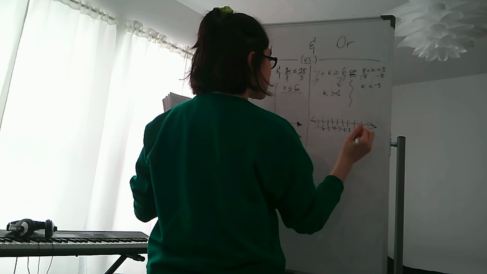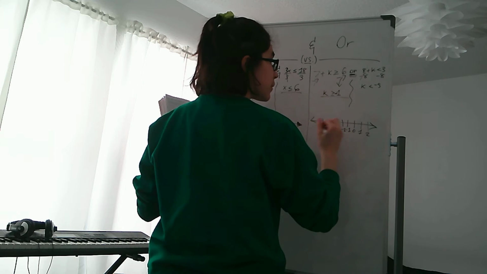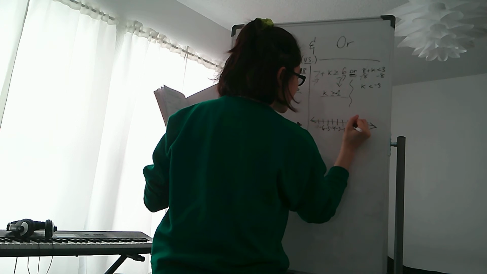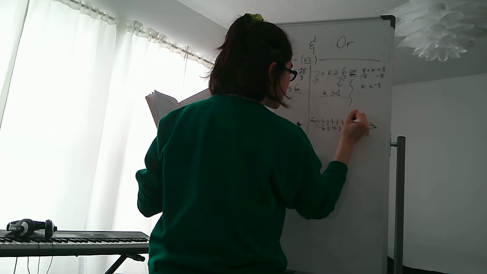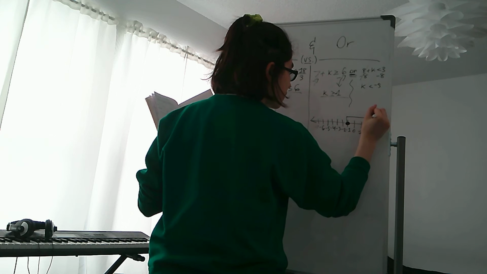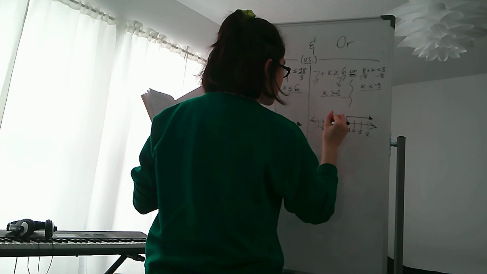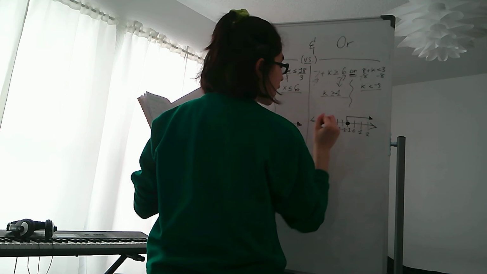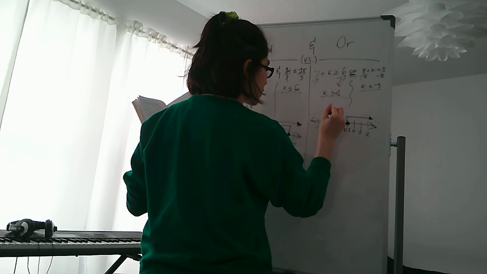Okay, so for this one, k is greater than or equal to -1. What that means is this is going to be a closed circle because -1 is part of that set of solutions, and it's going to be going this way. And then over here, k is less than -5. It's going to be an open circle because -5 is not part of that set of solutions, and it's going to be going this way.